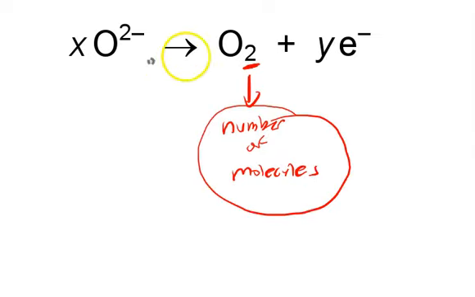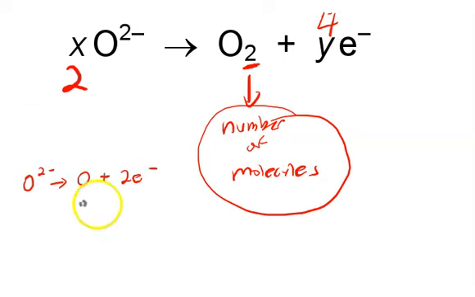So we have to balance left and right for this equation. When you have 2 atoms of oxygen, here we have to put 2. Each of these ions will be releasing 2 electrons. So when you have 2 atoms there, here will be 4. So it means the basic equation here will be this one.